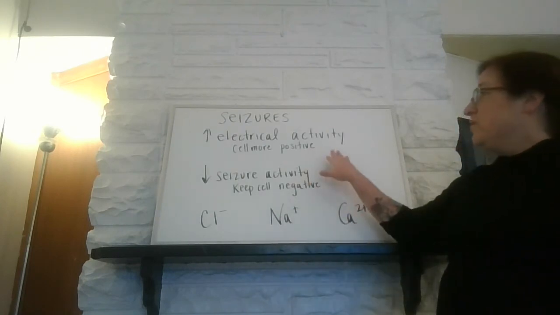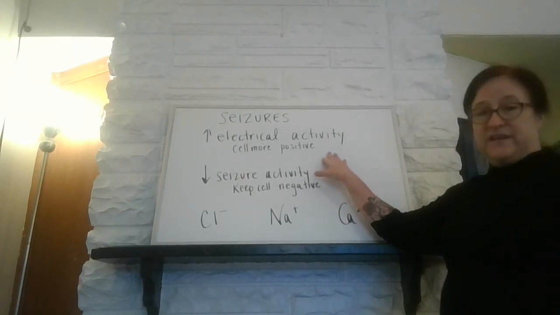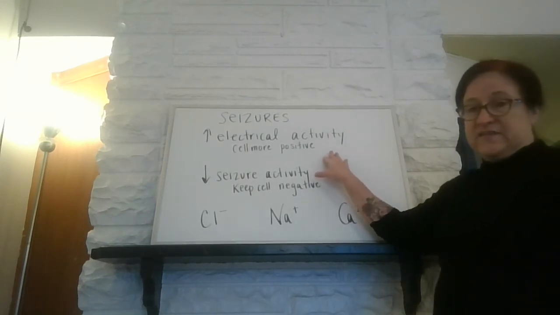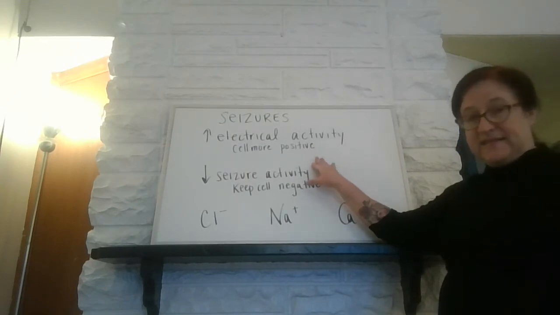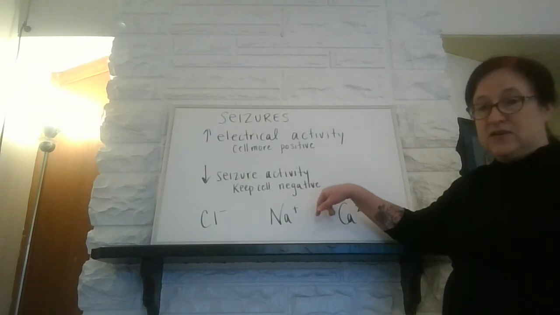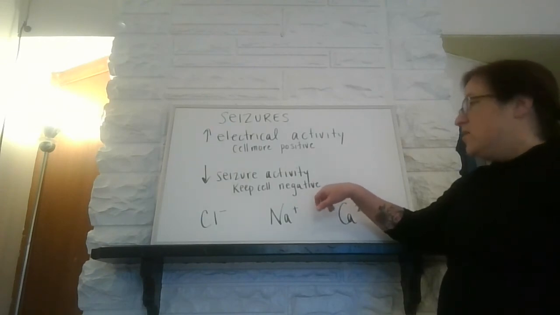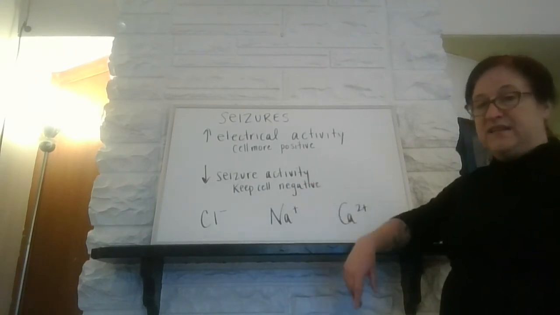If we know that seizures are because of an increase in electrical activity, and electrical activity in the cell means the action potential, so we're making the cell positive, then the medication management is really to decrease electrical activity, to keep the cell more negative, so it's harder to generate that action potential.